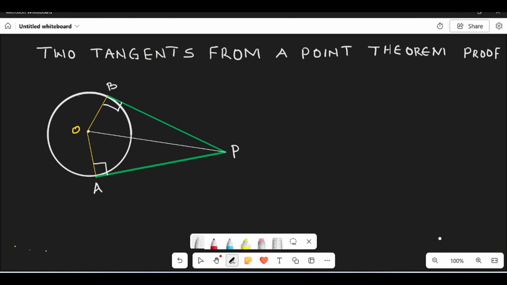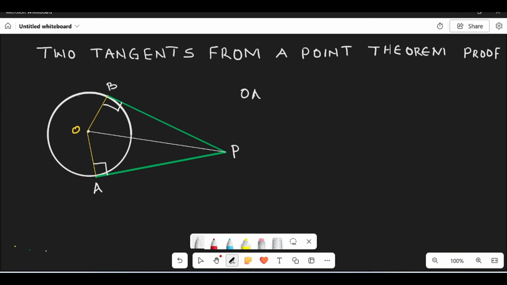That means both triangles OBP and OAP are right-angled triangles. Also, our OB and OA are equal because they are radii of the same circle.